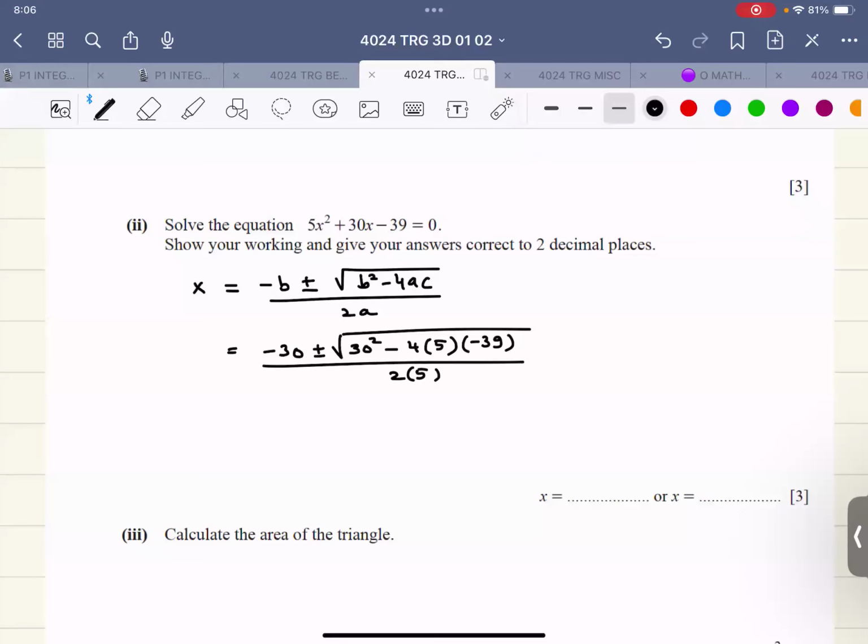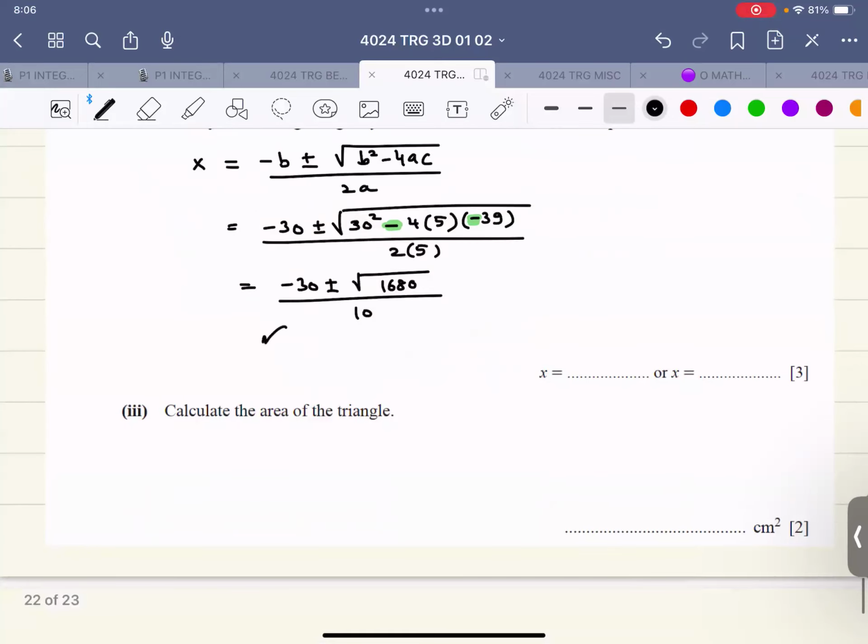Let me just highlight over here. That will become positive. So 4 into 5 is 20, and 20 into 39, that is 780, and 780 plus 900, that is 1680. So this is negative 30 plus minus square root of 1680 divided by 10.